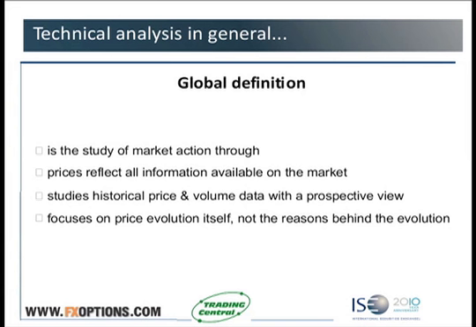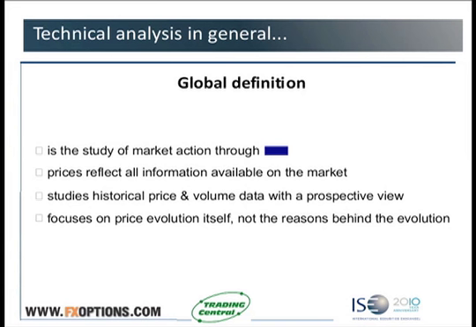So, just before we focus on Japanese candlesticks, this is a quick description of technical analysis. Just to remind you that technical analysis is the study of market action through prices. Prices reflect all information available on the market.